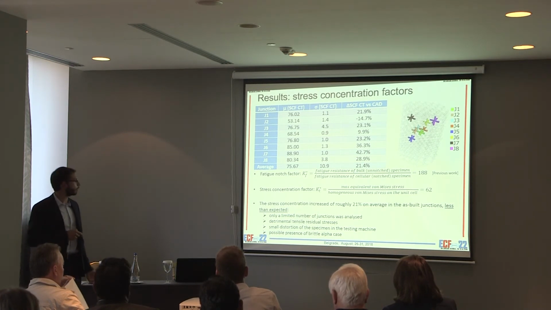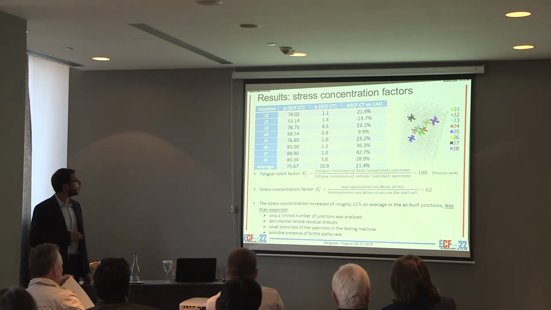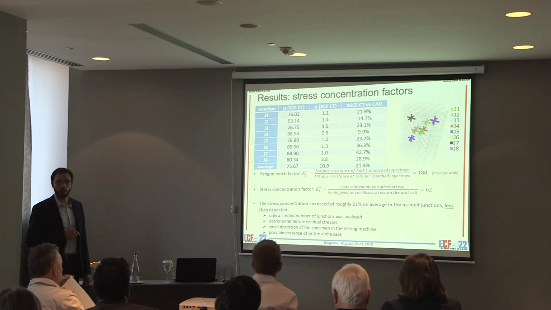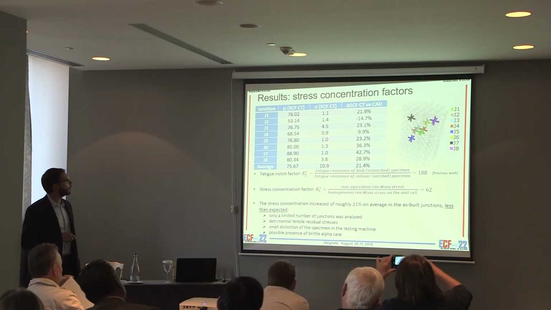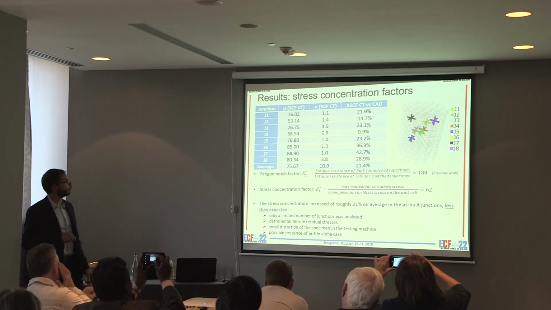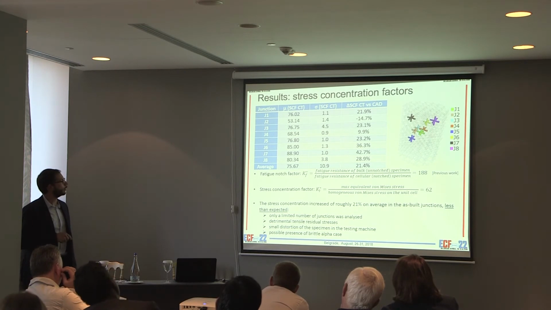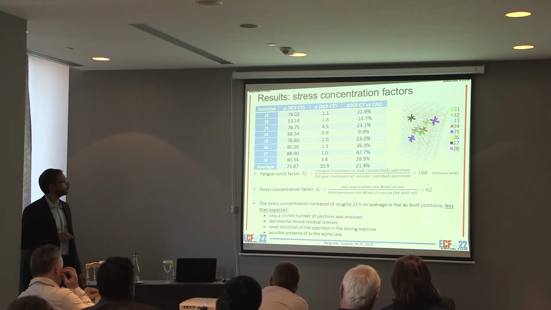This is a rather expected result, although the real junctions are slightly less detrimental than expected from a fatigue test we carried out in previous work, where we calculated the fatigue notch factor, which is defined as the ratio between the fatigue resistance of a bulk specimen divided by the fatigue resistance of a notched specimen, where the fatigue notch factor was pretty high.